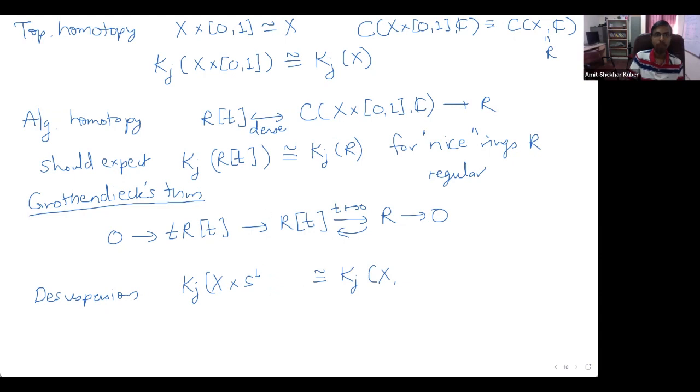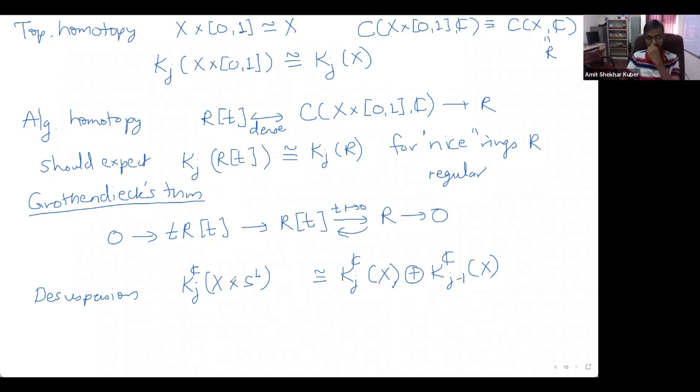I did not introduce this Ku, but this is the complex one. So Kj of X cross S1 is Kj of X direct sum Kj minus 1 of X. There is this result in topological K theory that Kj of X cross S1 splits in terms of two K groups.